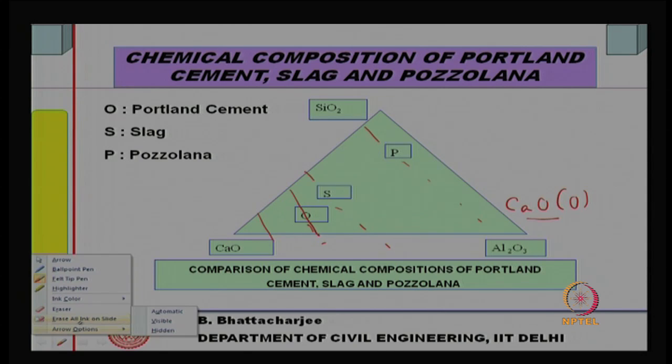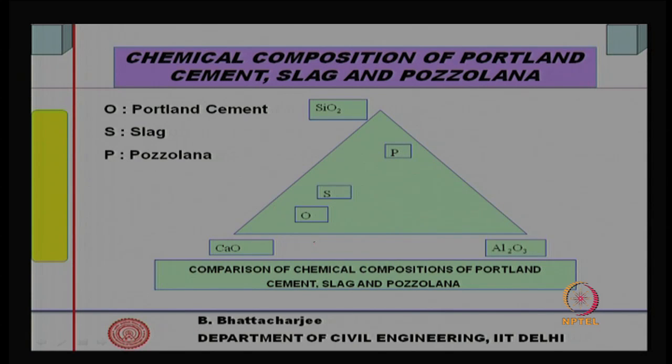You look for SiO2, SiO2 is 100% here, this has got maximum SiO2, slag still has got more SiO2 than OPC, OPC has got this much SiO2. Aluminum oxide is 0 here, 100% here. So, all have got low Al2O3. So, you see that oxides are same, only proportions are differing, and this diagram also shows the same thing.